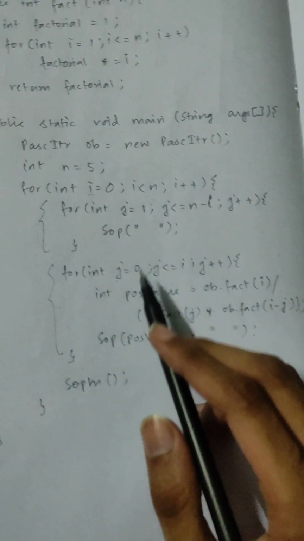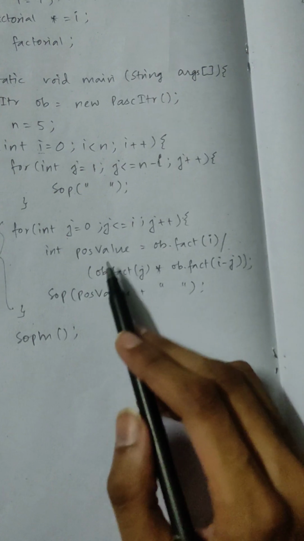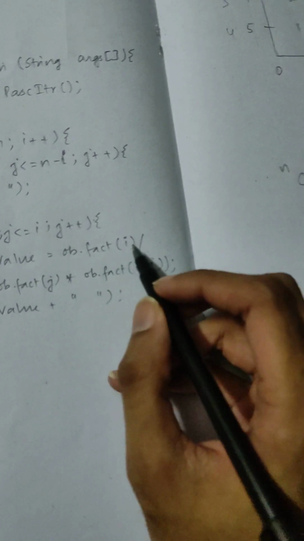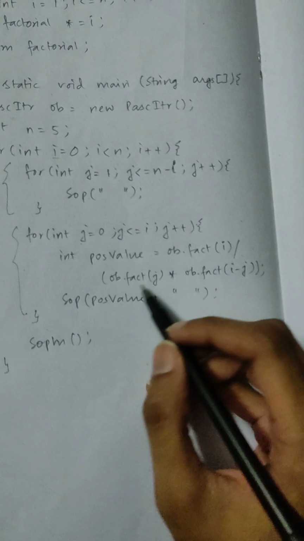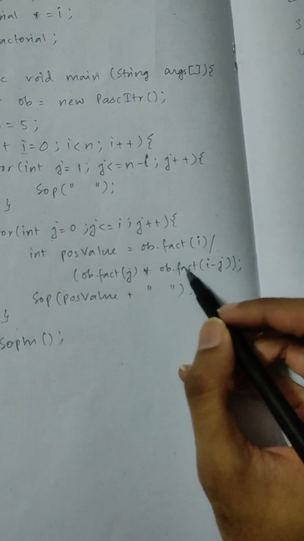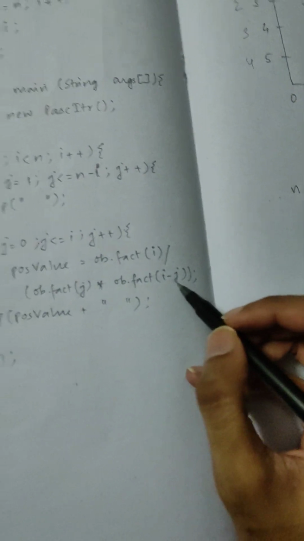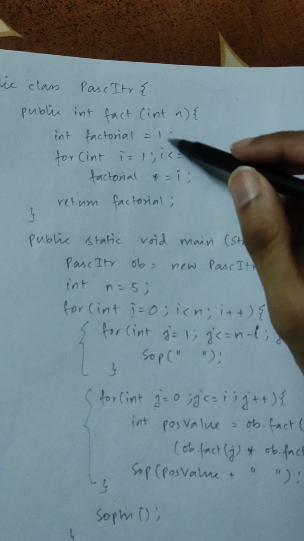So when row equals 0 and column equals 0, the position value or nCr will be the factorial of the row divided by the factorial of the column into the factorial of n minus r, or row minus column. And this factorial function is implemented over here.